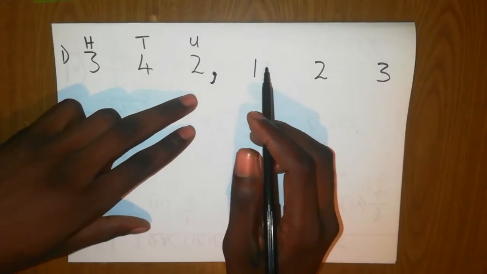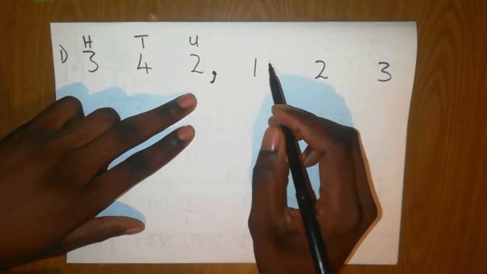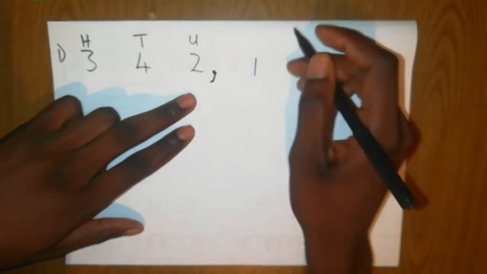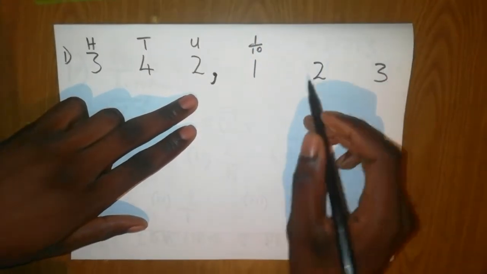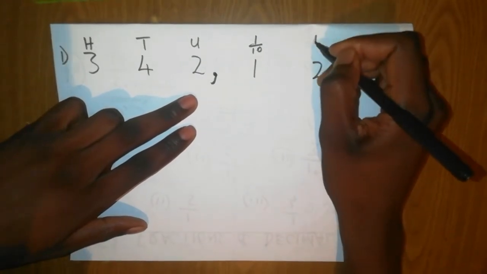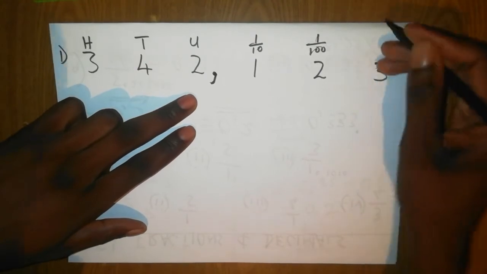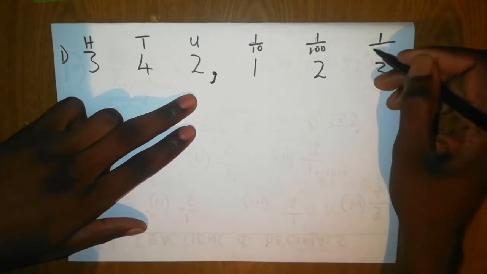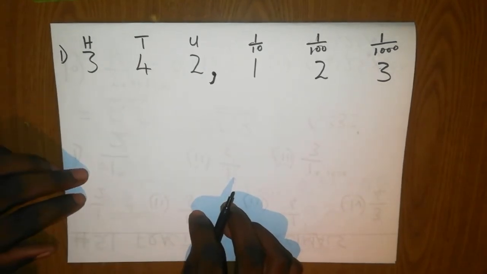Soon after the comma, we have our tenth, so that's 1/10. We've got our 100th, and we've got our 1000th. That's how we express such numbers.